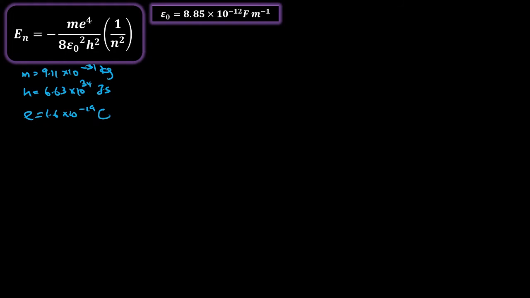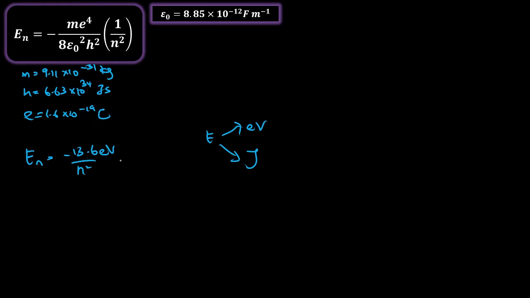So substitute these values inside and you will get En in two different units. We know that energy can be written in two different units. It's actually in electron volts and also in joules. If you calculate using electron volts, it means you don't substitute e inside, then you will get your value as negative 13.6 eV over n squared.